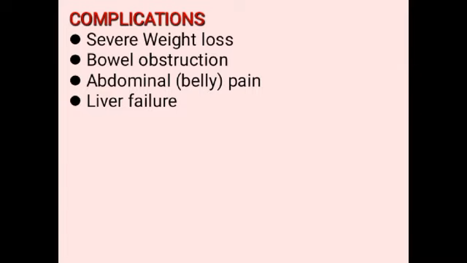When the duodenum is obstructed, it means that the content from the stomach cannot run through the intestines, hence leading to bowel obstruction. And also abdominal pain due to inflammation that can take place where there is obstruction within the ducts, both the duodenum and the pancreas, maybe even the biliary tree.